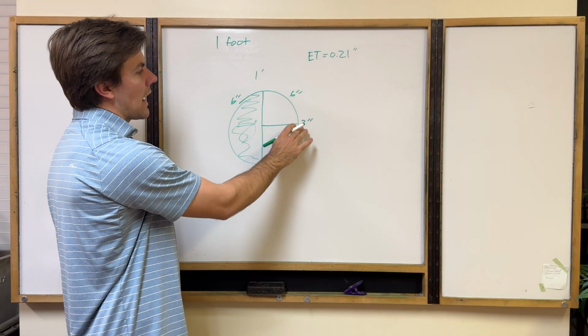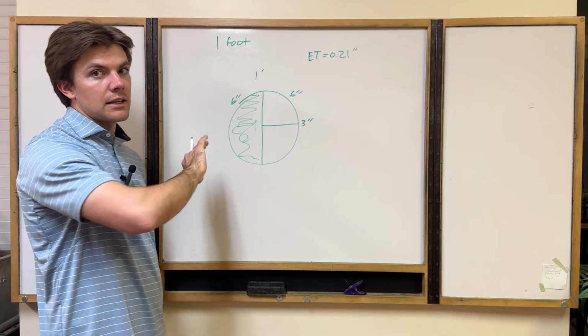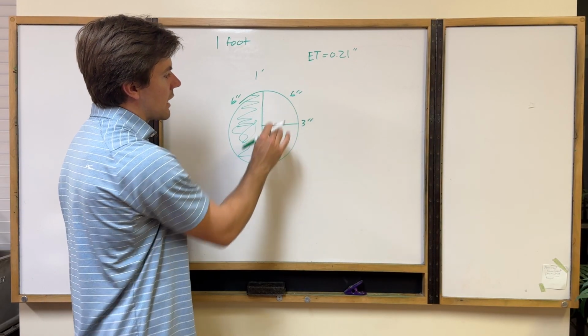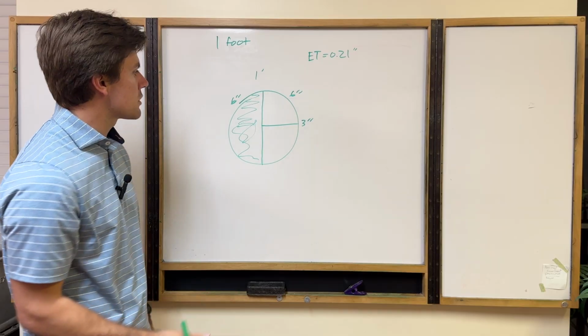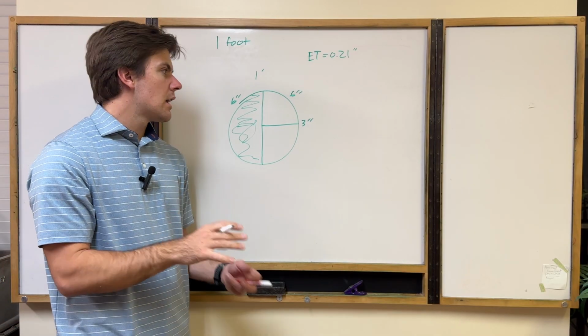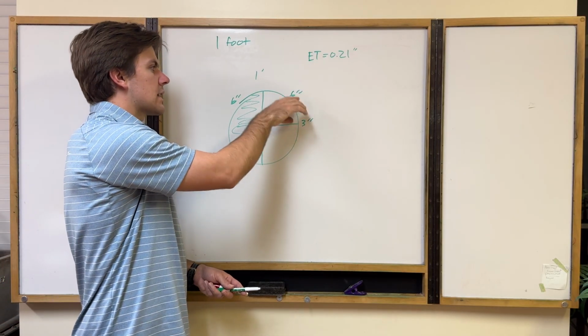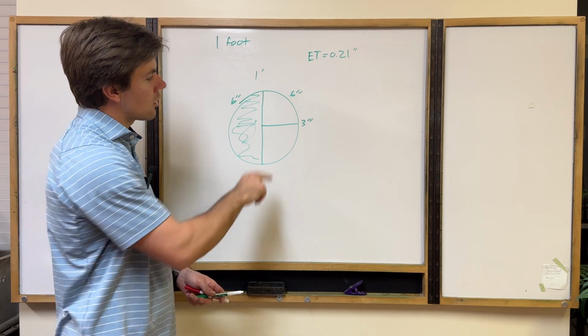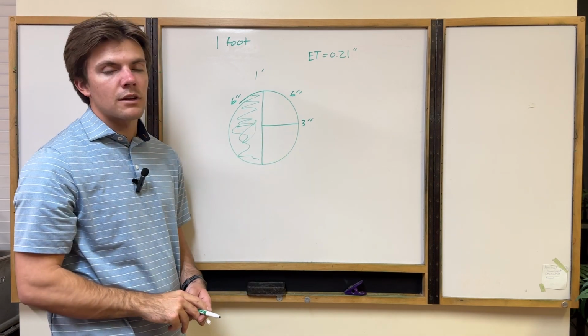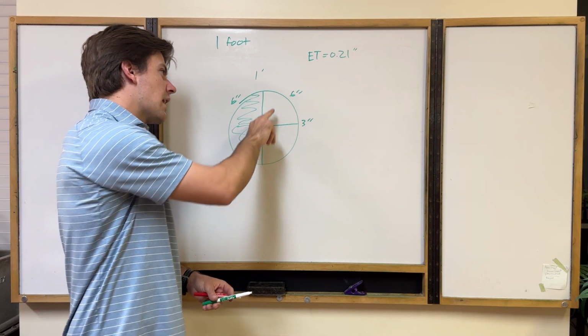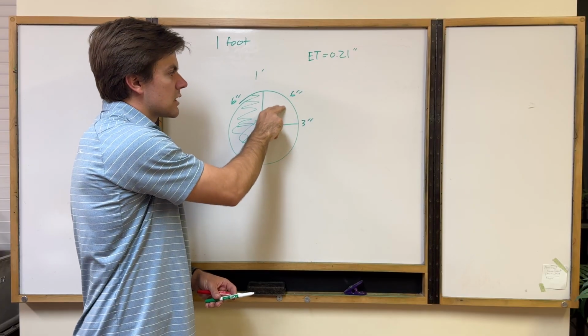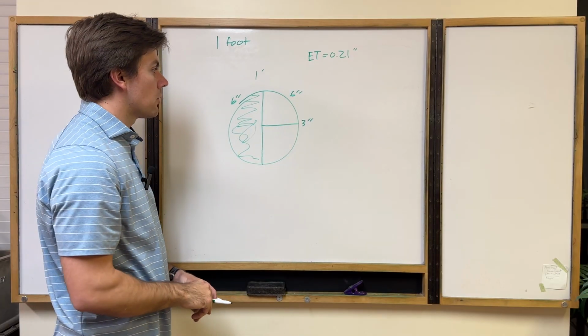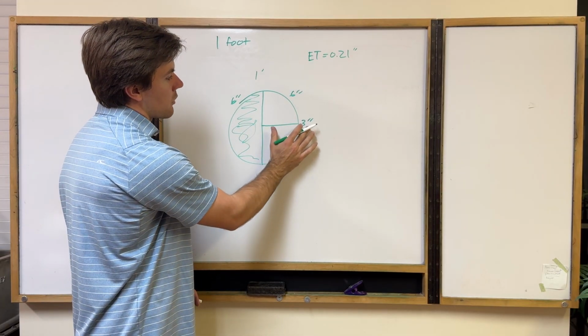This is what happens after gravity takes some of this away after the first day. So if a massive rainstorm just came through and the soil is fully saturated at 6 inches, this is called gravitational water. Over the next 24 hours after that rainstorm, you're going to be losing this water to gravity. It's going to be pulling it down through the soil, and you're going to be left with 3 inches of field capacity water.